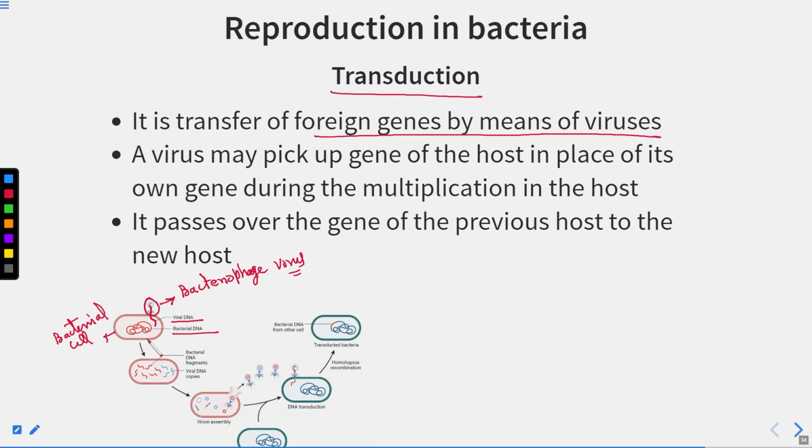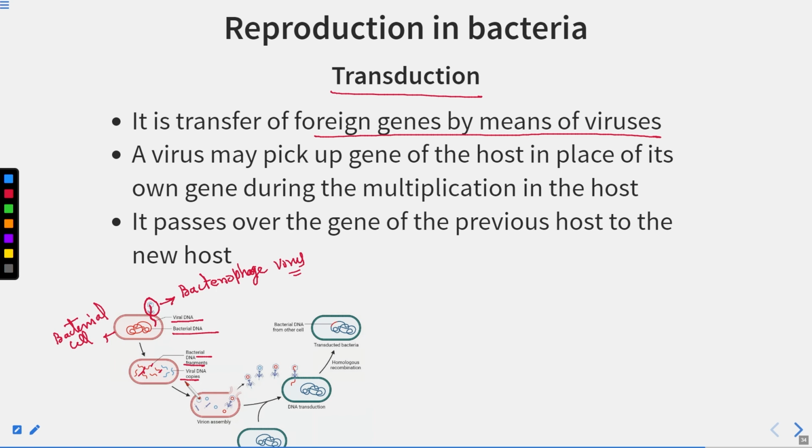Now you can see a lot of fragments at the time of division. This lysis is there. Bacterial DNA gets fragmented, and the viral DNA also makes copies of itself. Bacterial DNA fragments, and viral DNA makes a copy, replicates. And how does it replicate?